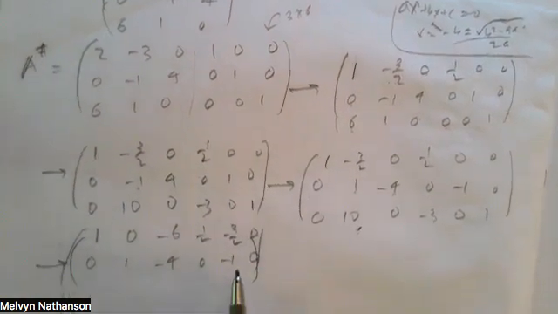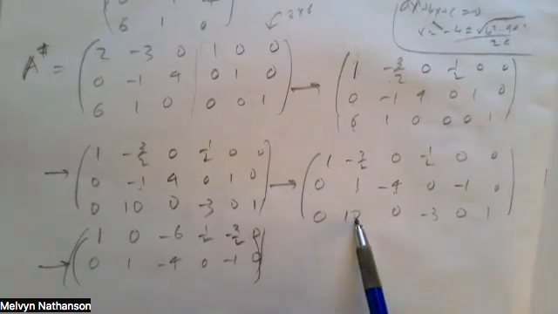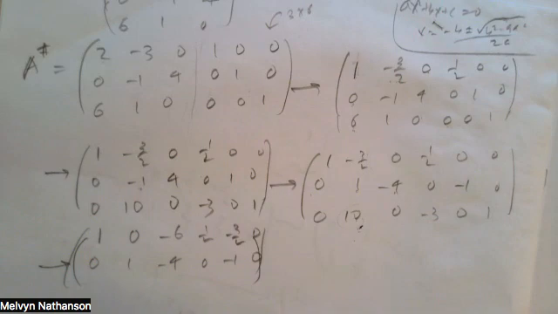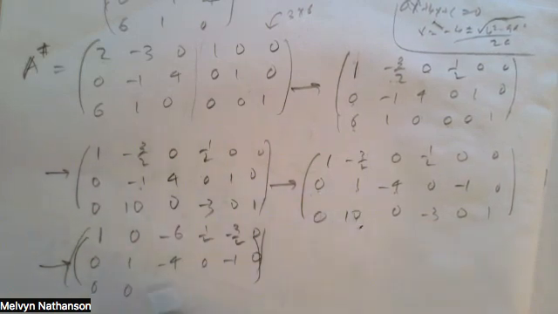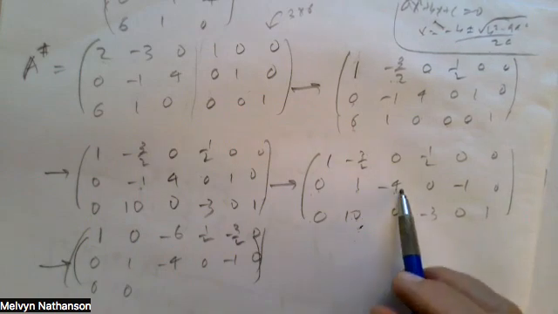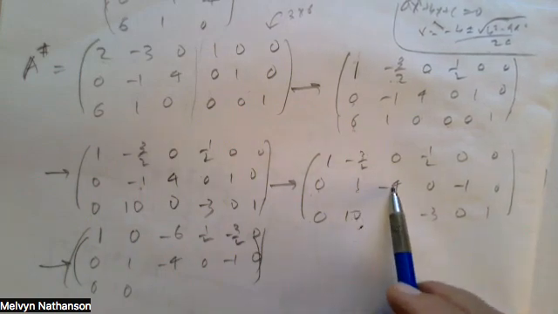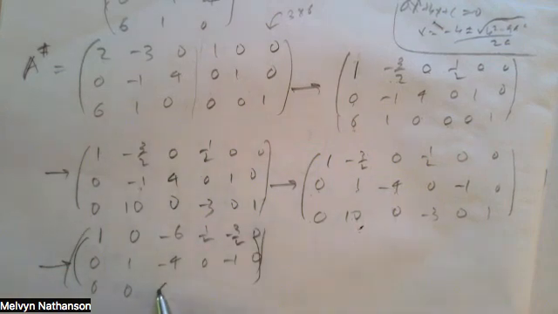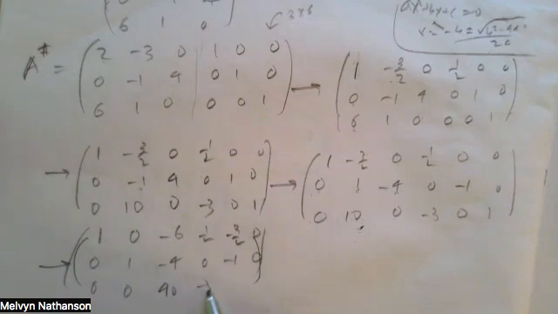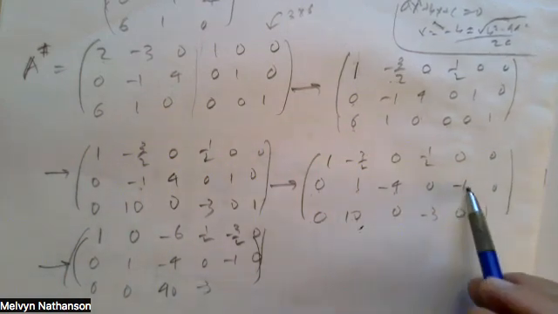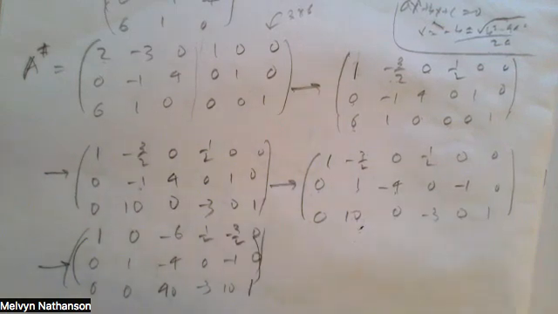And let me just do the second step at the same time. I want a 0 here, so I take the third row minus 10 times the second row. 0 minus 0 is 0. 10 minus 10 is 0. So I'm multiplying by minus 10 and adding, I get 40. Minus 3 plus 0 is minus 3. 0 plus 10 is 10. 1 plus 0 is 1.